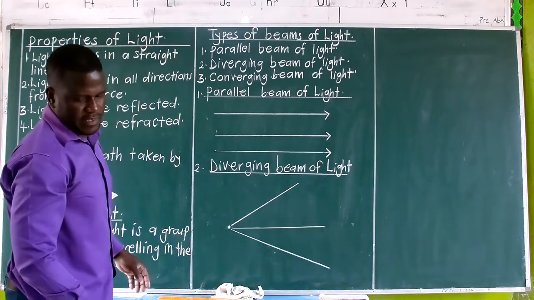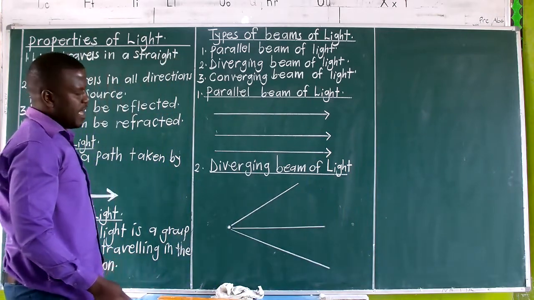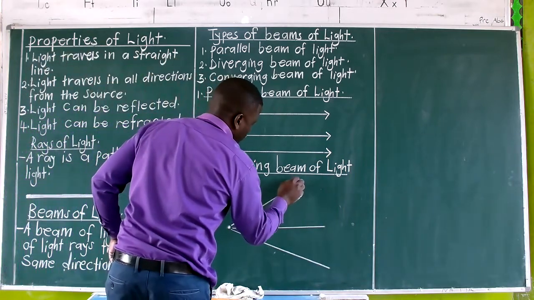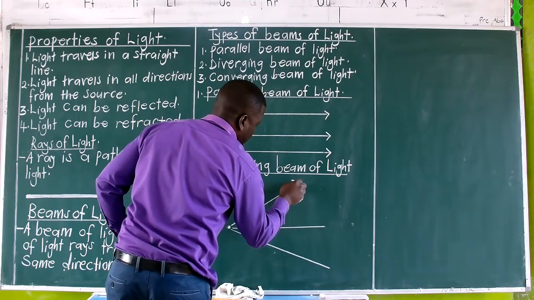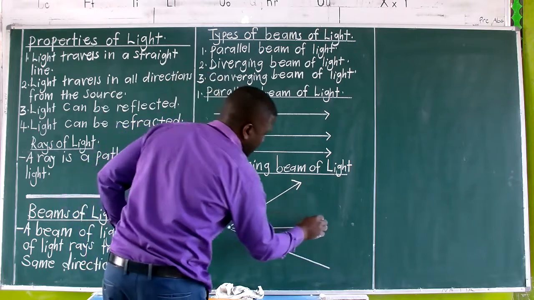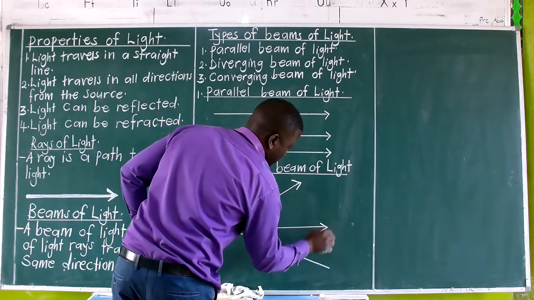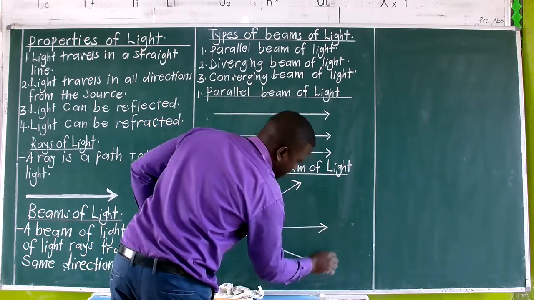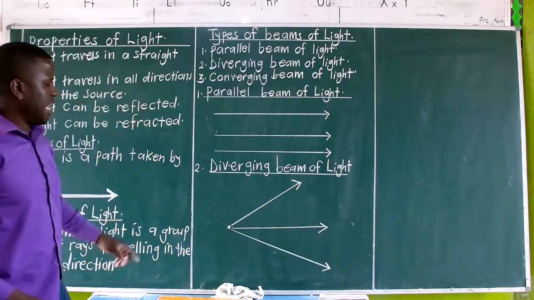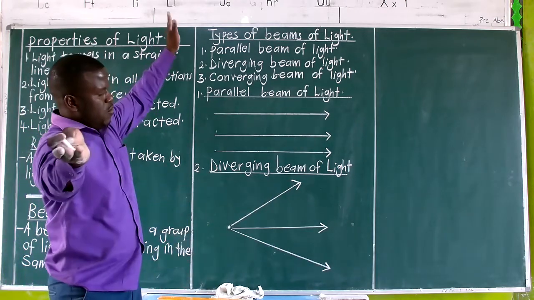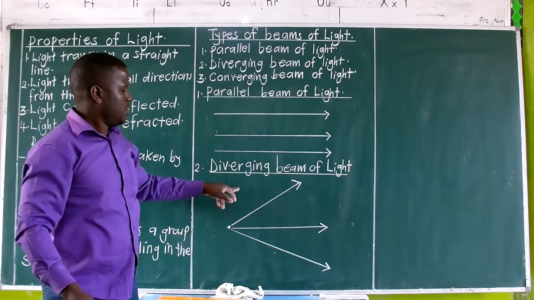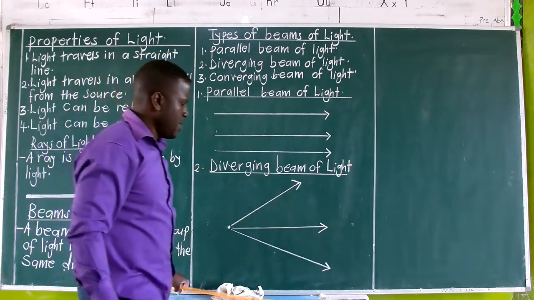Called a diverging beam. So you put the arrows to show the direction in which these light rays are moving. So this light ray is coming from one point, moving in different directions. This beam is called diverging beam.